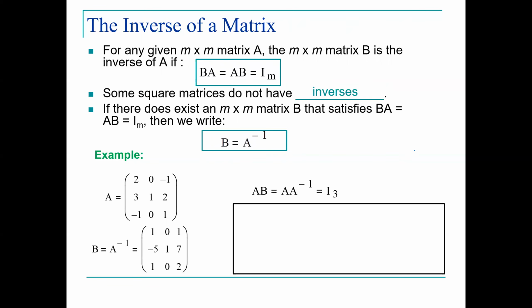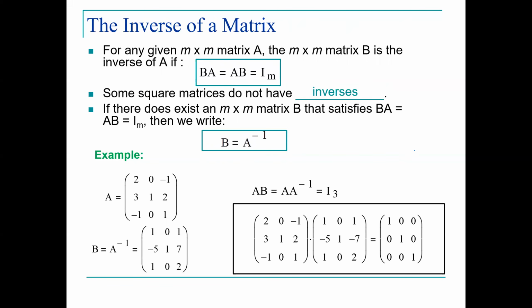Such a matrix is this matrix: 1, 0, 1, minus 5, 1, minus 5, 1, 7, and 1, 0, 2. Just to double check, this is the multiplication, A times B. And after completing this multiplication of matrices, the result is this identity matrix.